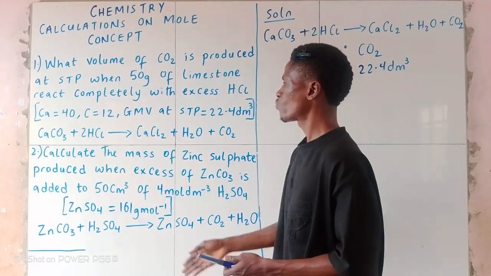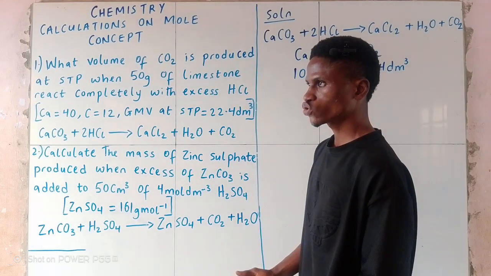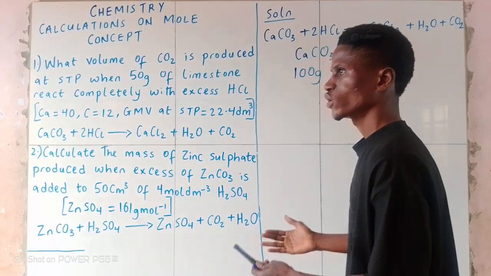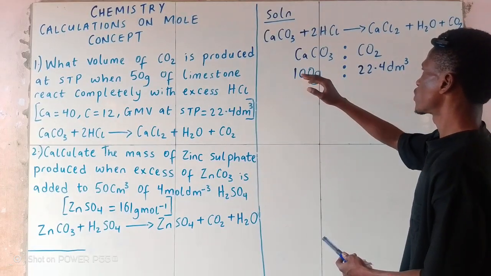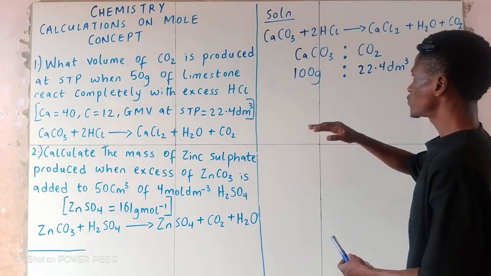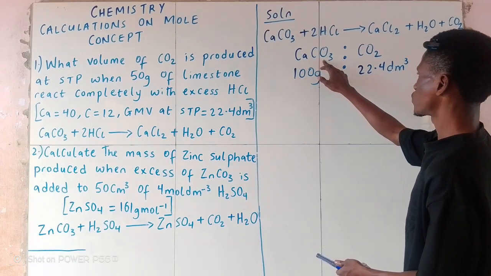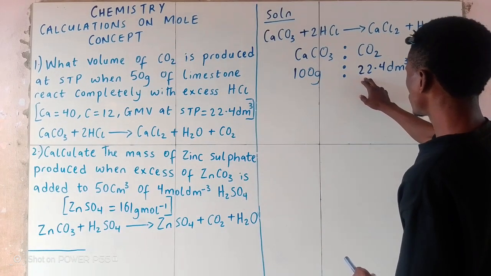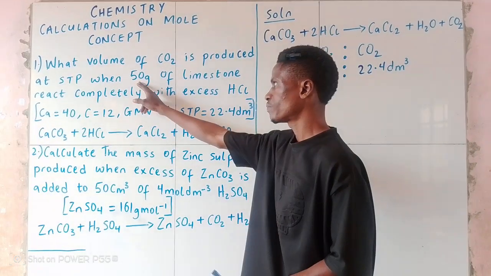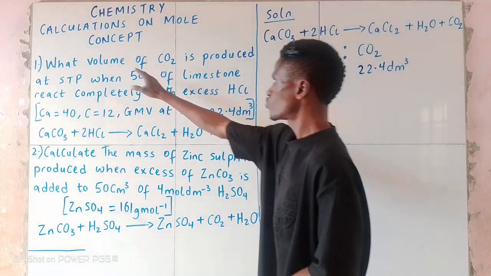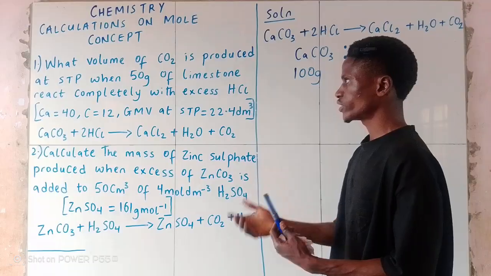So it means that when we use 50 gram of limestone, what volume of CO2 will be produced? When we use 100 gram of CaCO3, we get 22.4. So if we make use of 50 gram, what volume of CO2 are we going to get? Let me say it again.